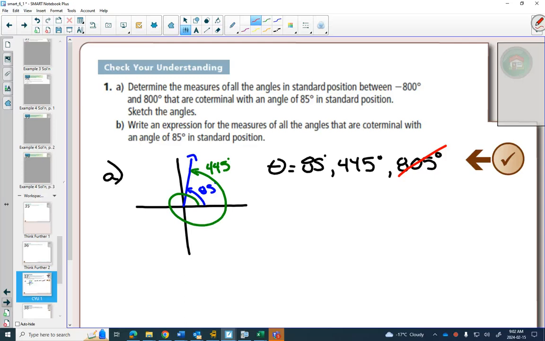And now we have to subtract. If I subtract, what is this angle? Okay, I start with 85, I subtract 360 degrees. I'll write the negative ones here with the negative value. You can see that you get negative 275 degrees. If you subtracted 360 degrees again, oh my goodness, it would look like that.